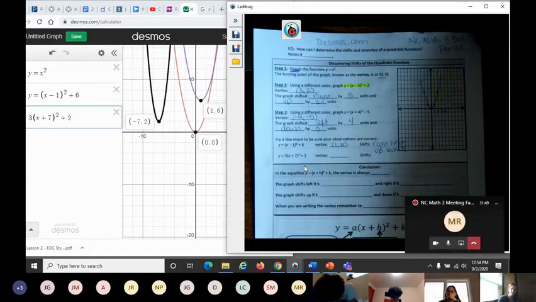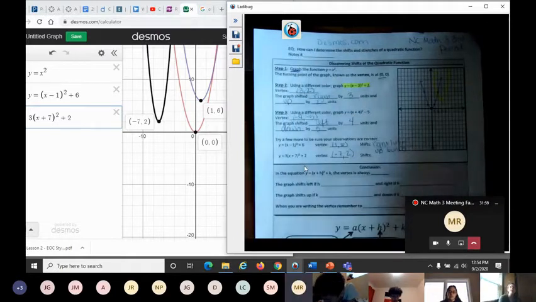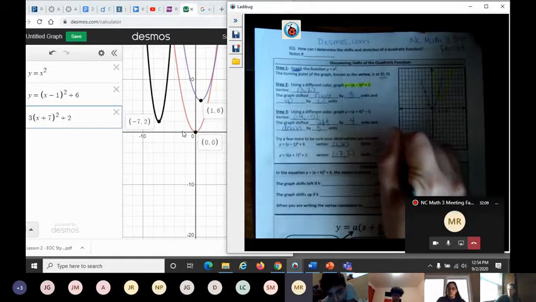Marquez, are you still there? -7, 2. Yeah, perfect. Excellent. So how far did I have to go left to get from the red to the black? Yeah, I went left 7 units.